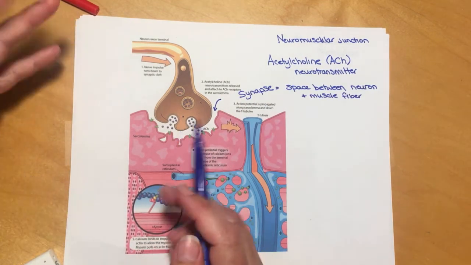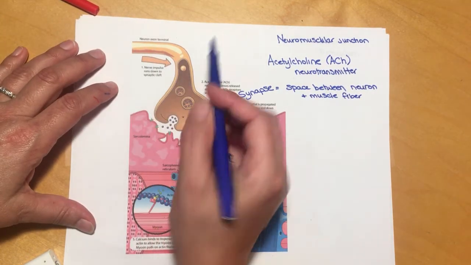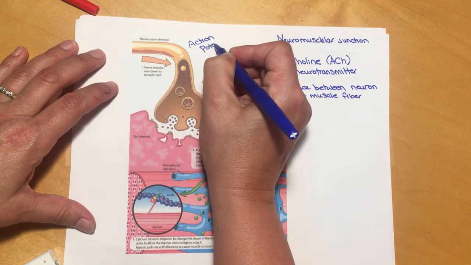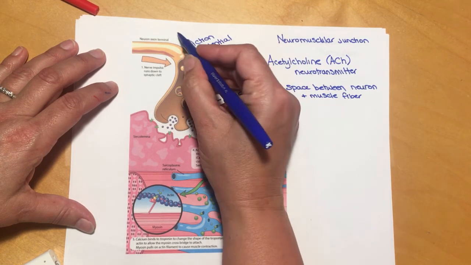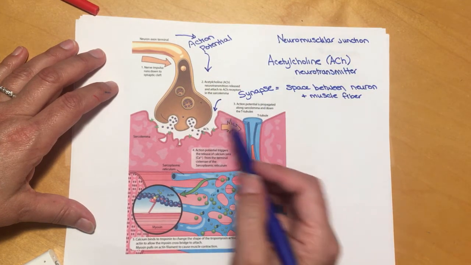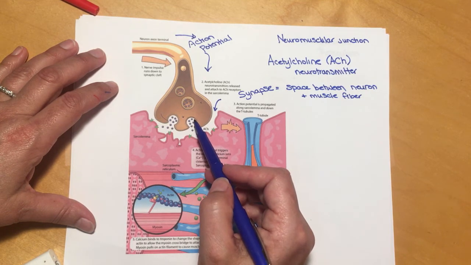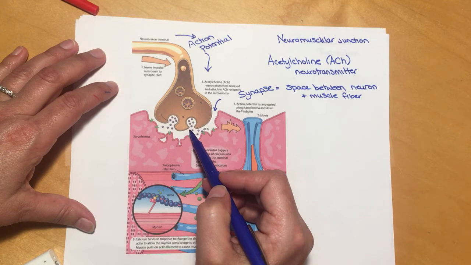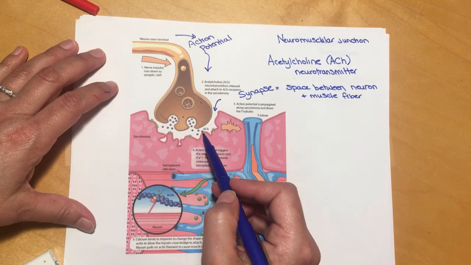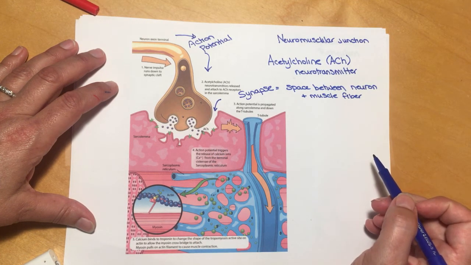So what happens is, in your brain, you decide to move a muscle. It will send what we call an action potential down the neuron. It will cause the release of the neurotransmitter acetylcholine into the synapse. The acetylcholine will diffuse across the synapse and bind to receptors on the motor end plate on the muscle fiber.